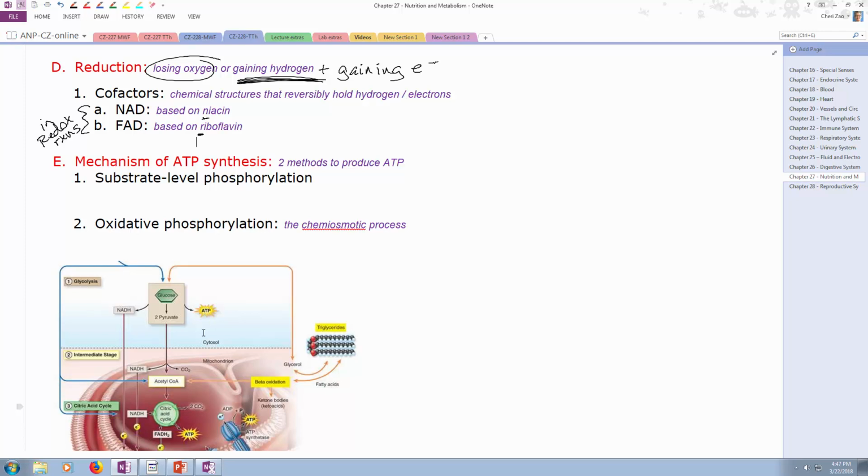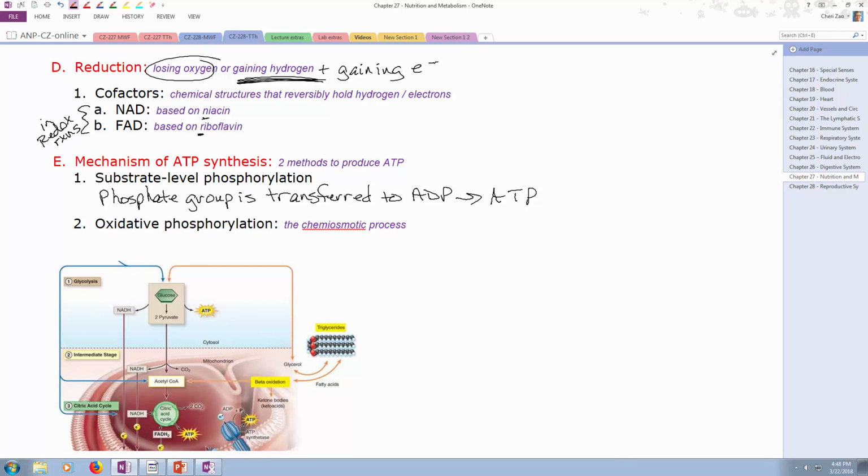So substrate level phosphorylation is where a phosphate group is transferred to ADP. So if we take a phosphate group and add it to ADP, we will get ATP. The phosphate group is being carried, so to speak.